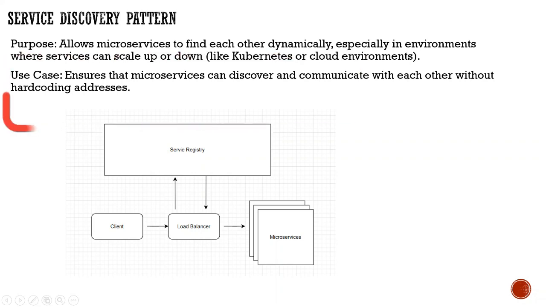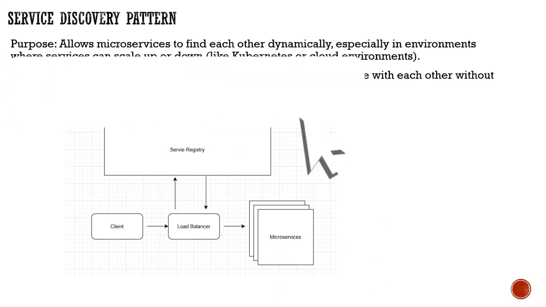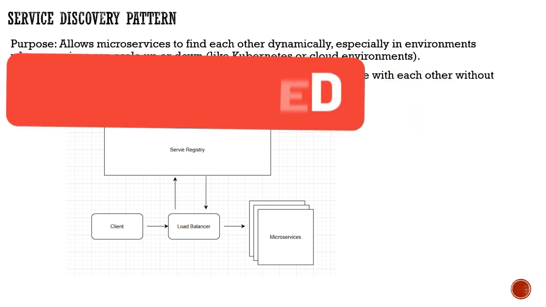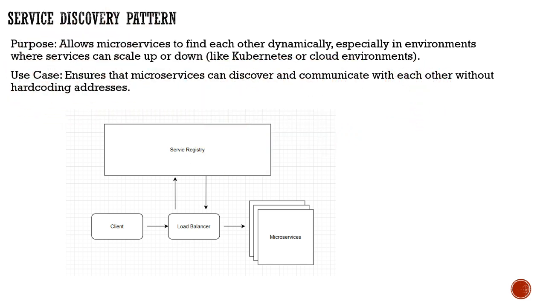Talking about service discovery, this allows your microservices to find each other. It dynamically discovers services, especially in environments where services are scaled up or down based on the number of requests, with the help of Kubernetes or a cloud environment.